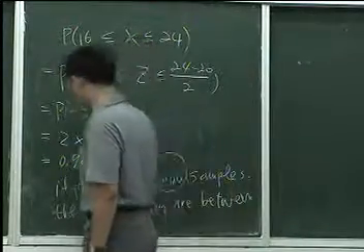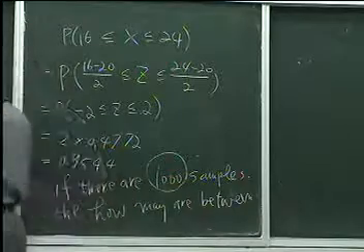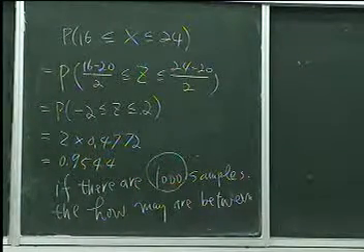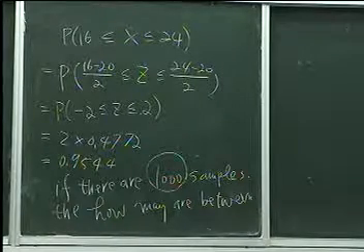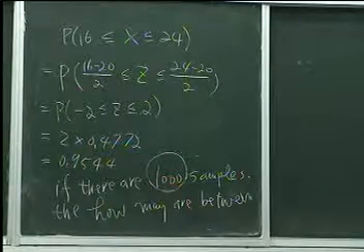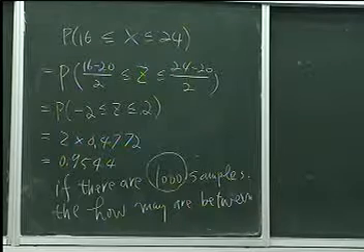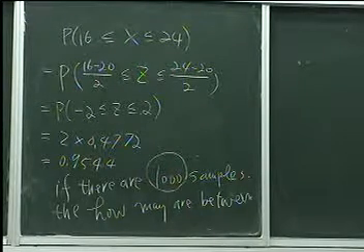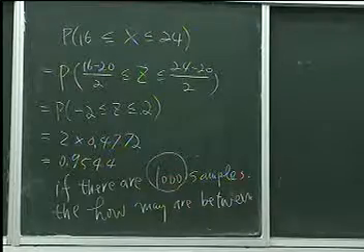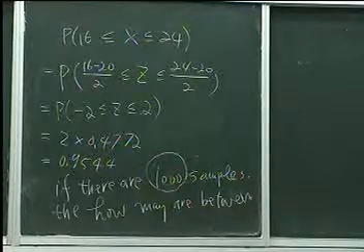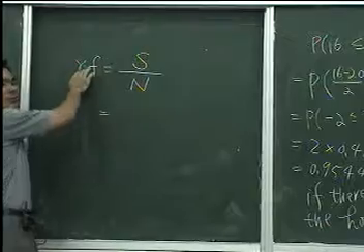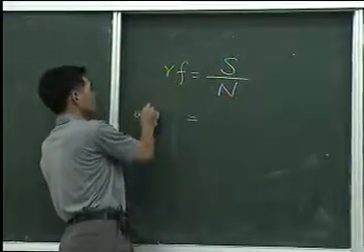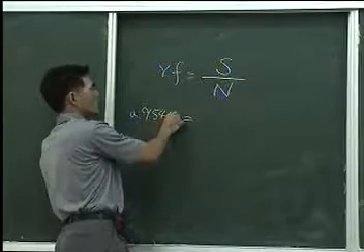So relative frequency is equal to the number you have divided by the total, right? And here you already know the relative frequency, the probability, that's 0.9544.